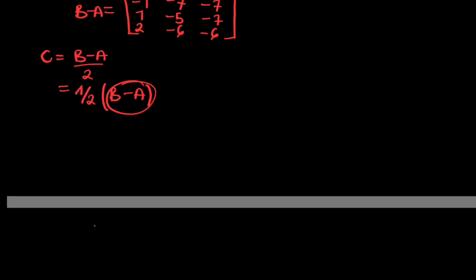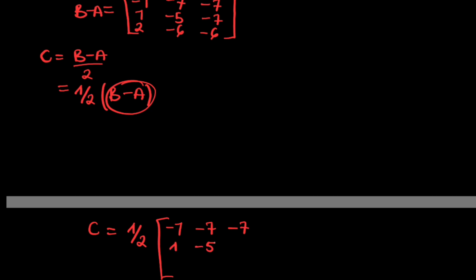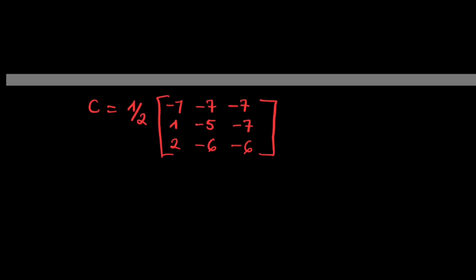So C will be half of the matrix B minus A. B minus A is minus 1, minus 7, minus 7, 1, minus 5, minus 7, 2, minus 6, and minus 6. Now we are going to multiply half by every element in the matrix.